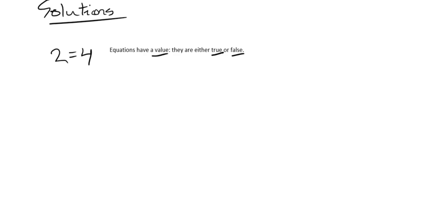Okay, a true value and a false value. So when we see an equation that says 2 equals 4, the value of this equation, we would say in this case, is false. An equation with a different value would be something like 9 equals 9. This is true. We say the value of this equation is truth or true.